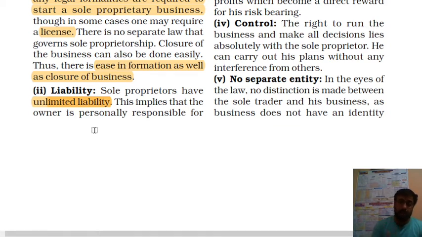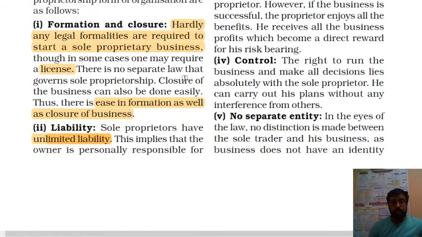It means if it had been a company, then 8,000 liability would have been paid and 2,000 liability would have been the loss to the creditors. They would not have come into the house and sold the personal assets of the owner, right? So liability is unlimited in the case of sole proprietorship.